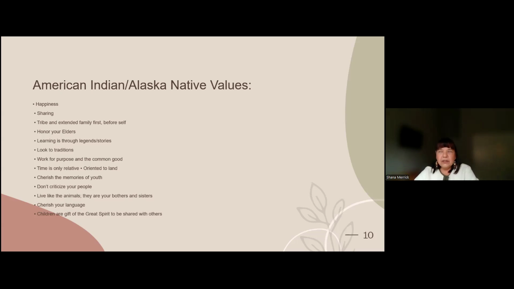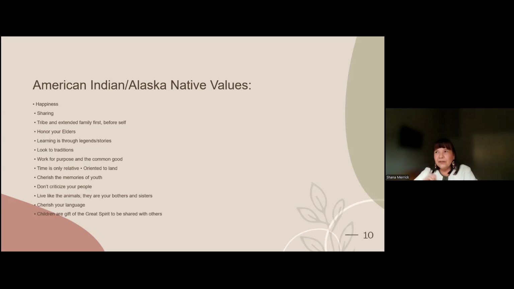Honoring of elders. At any ceremony I've ever been to, elders will take time for reflection or prayer. You would ensure that elders are served first at any event that you would go to. A lot of learning through legends and stories.